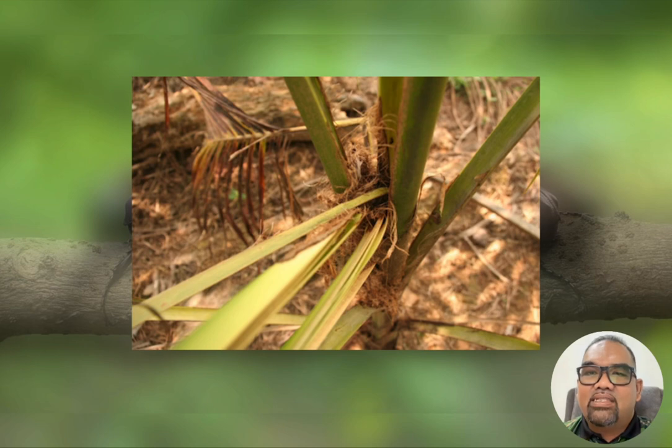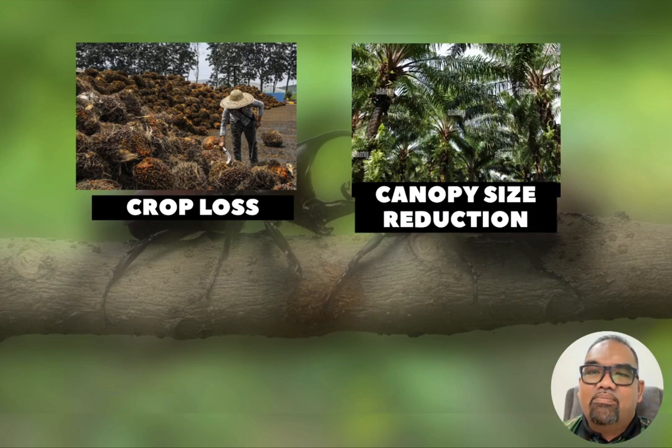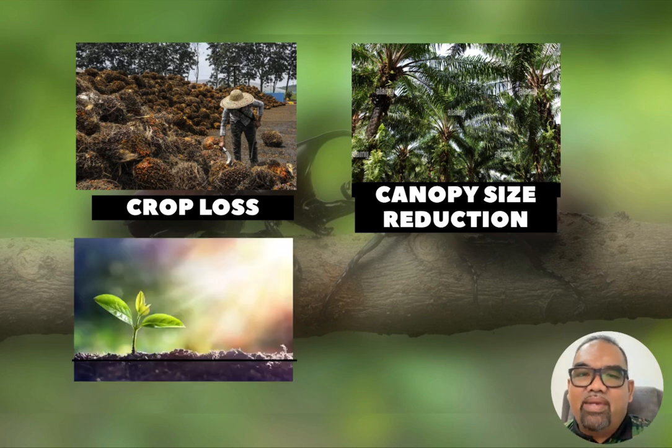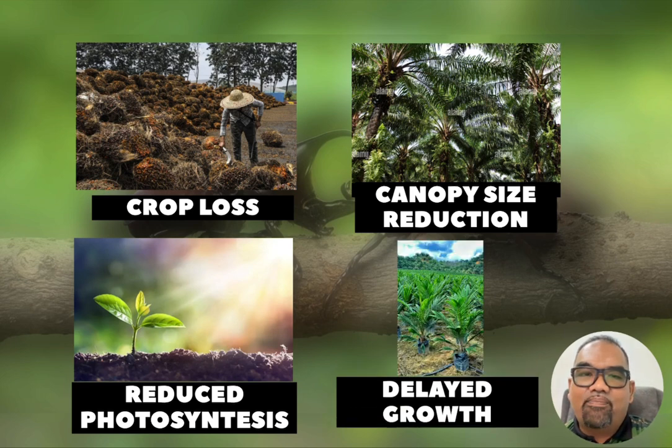Damage from these beetles has been well documented, with crop losses averaging 40% to 92% in the first year of harvesting, a more than 50% reduction of canopy size, and approximately 25% crop loss due to reduced photosynthetic activity and delayed plant maturity.